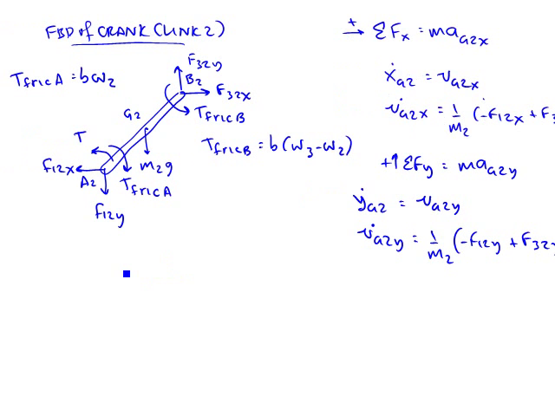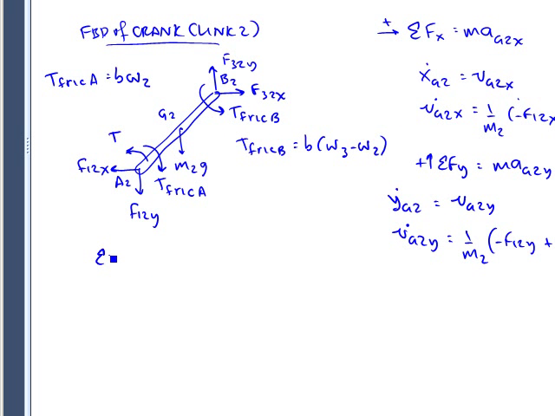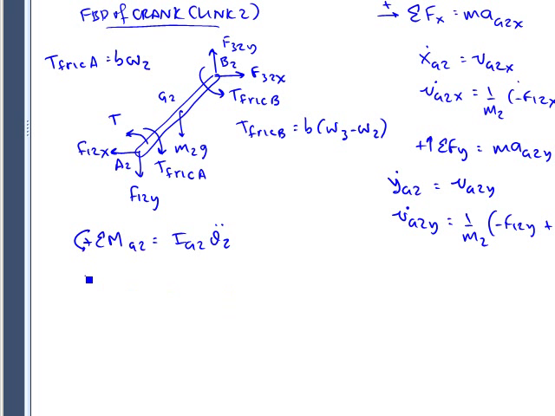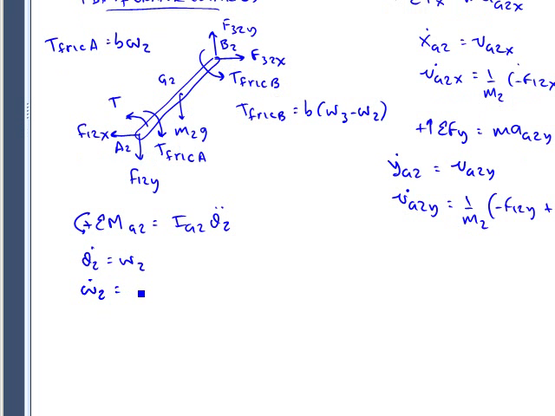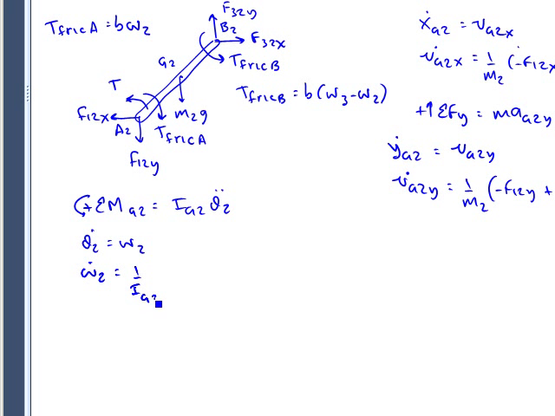And now finally the sum of the moments about G2, positive counterclockwise, that's going to be I_G2 times theta2 double dot. Now theta2 dot is omega 2. Omega 2 dot is 1 over I_G2 times sum of the moments.